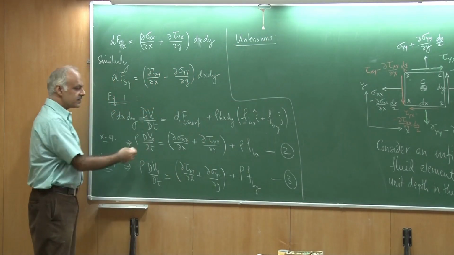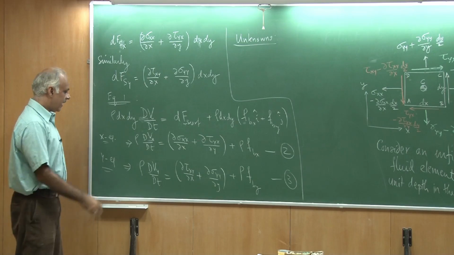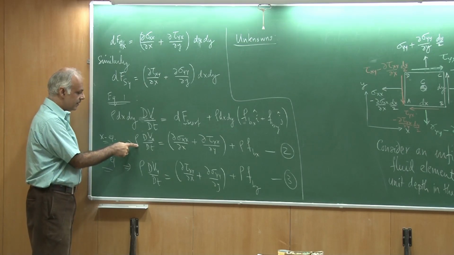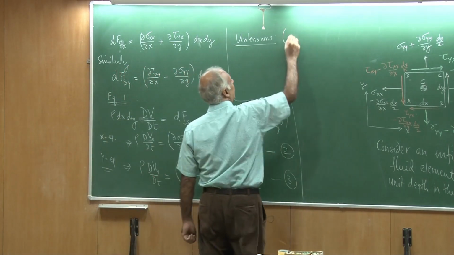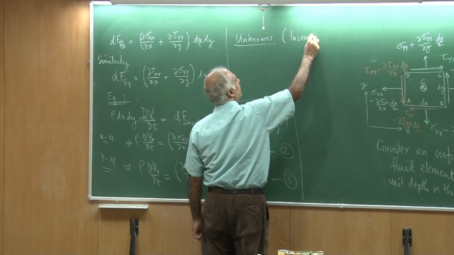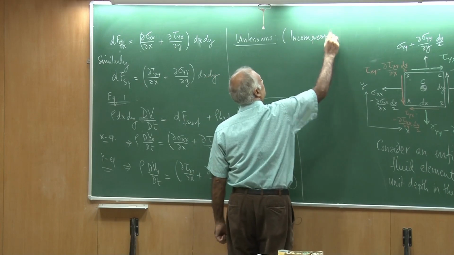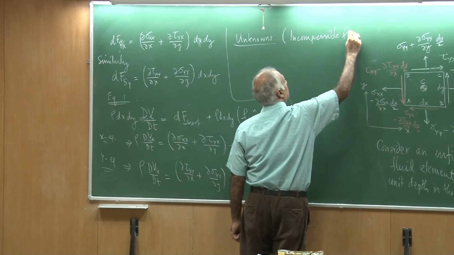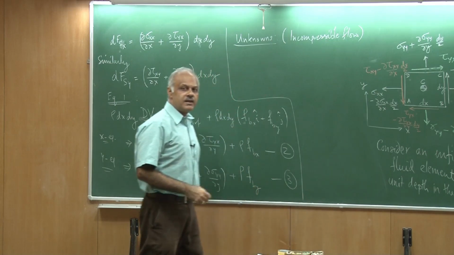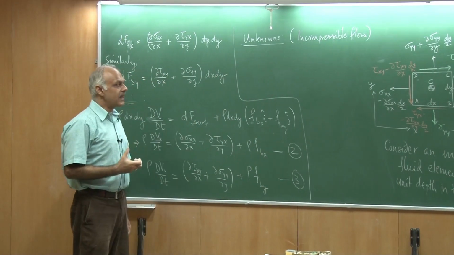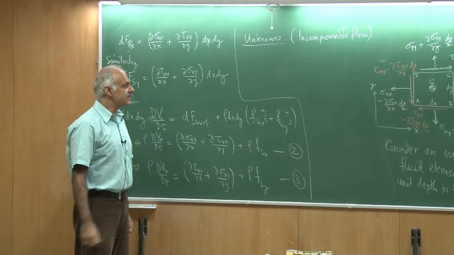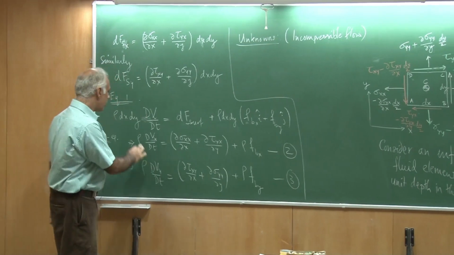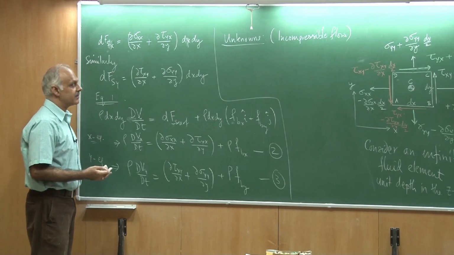If I look at equations 2 and 3, I can safely assume that I am dealing with, let's say, an incompressible flow. So I will assume that the fluid elements have a certain density, and that density is maintained as the fluid gets convected. So rho is something which is given to me.